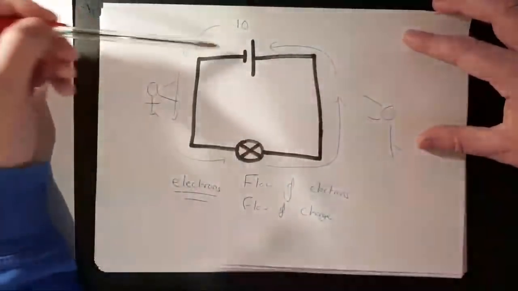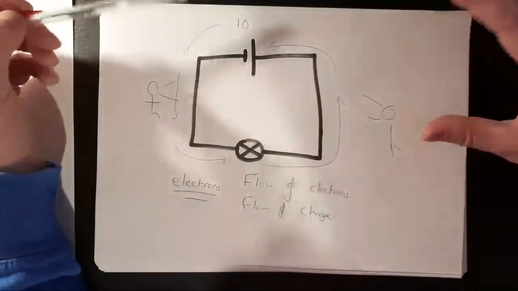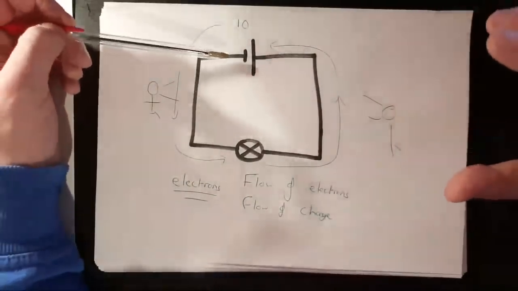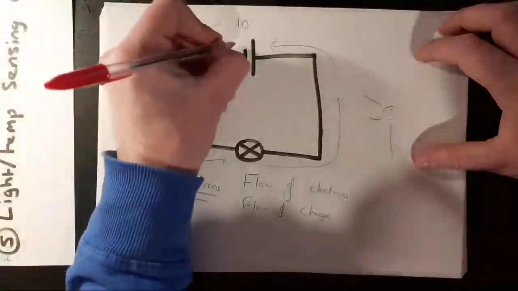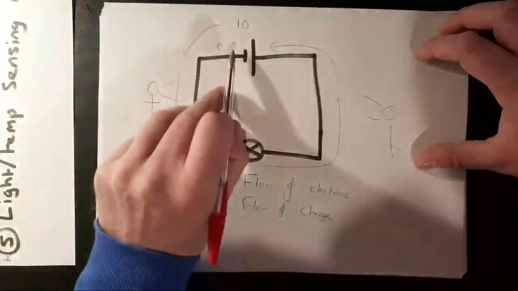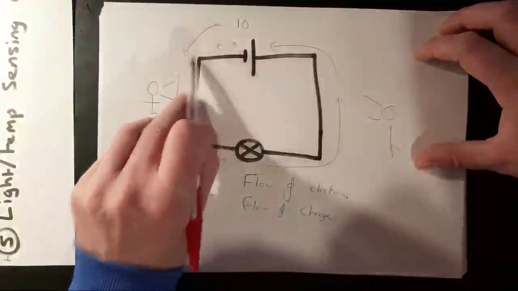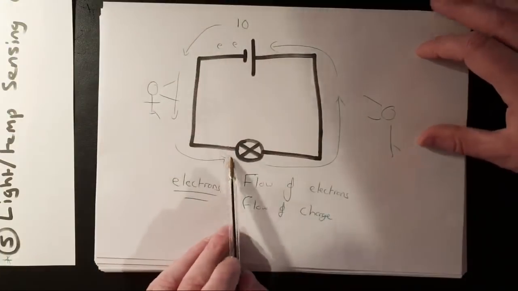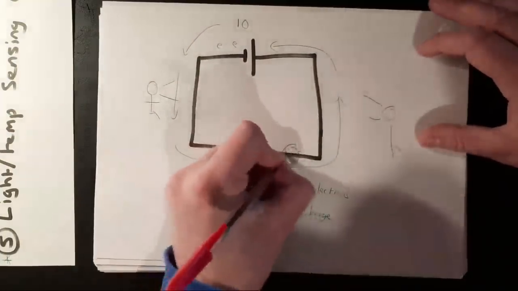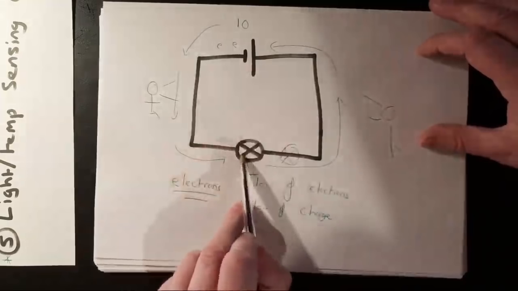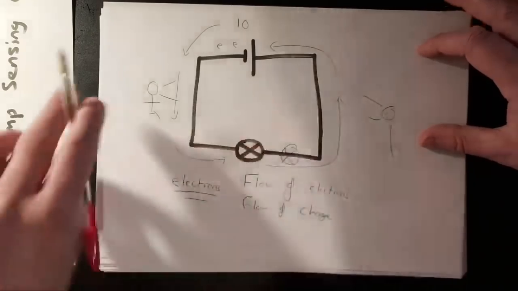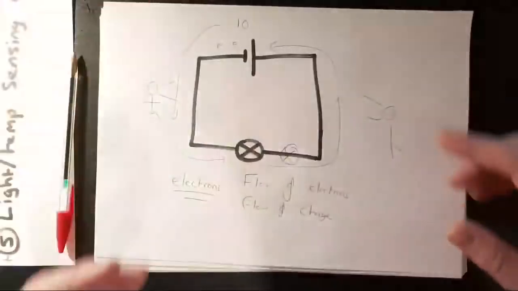Now, we are going to use this analogy of cars going around a track, but just for that deeper understanding, I just want you to know that when the electrons move, it's not a case that they start here and, let's say if there were 2 bulbs in the circuit, they see this bulb first and then they meet that bulb second. It's a little bit more like water in a pipe.